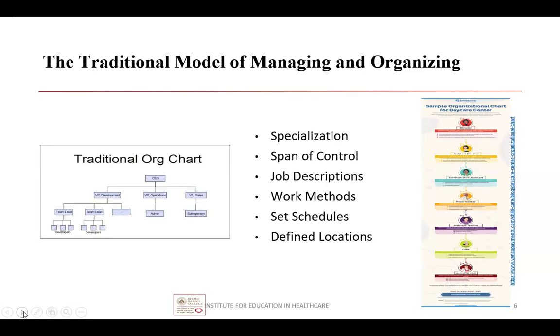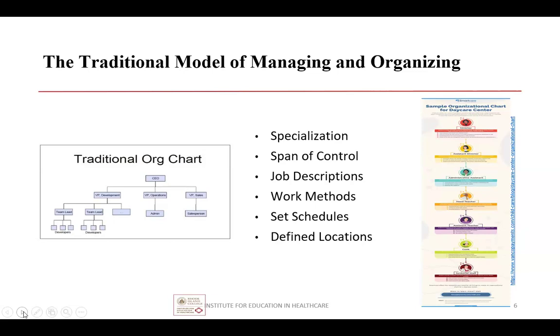Job descriptions included preset definitions of tasks and responsibility, what you should do and what you should not do. Work methods provided a prescription for how to perform tasks and share information.